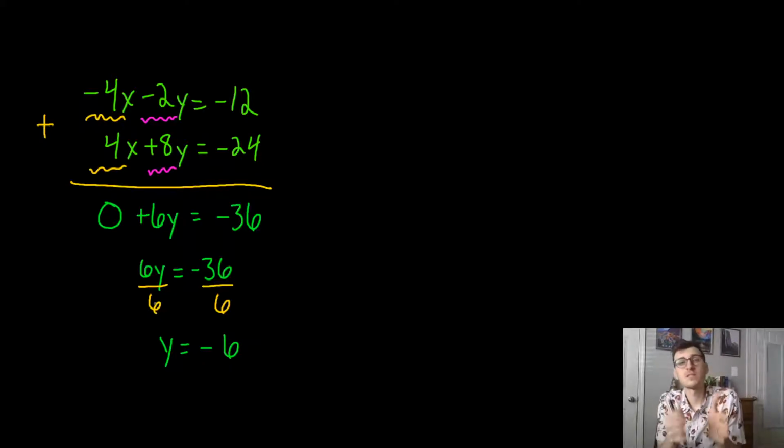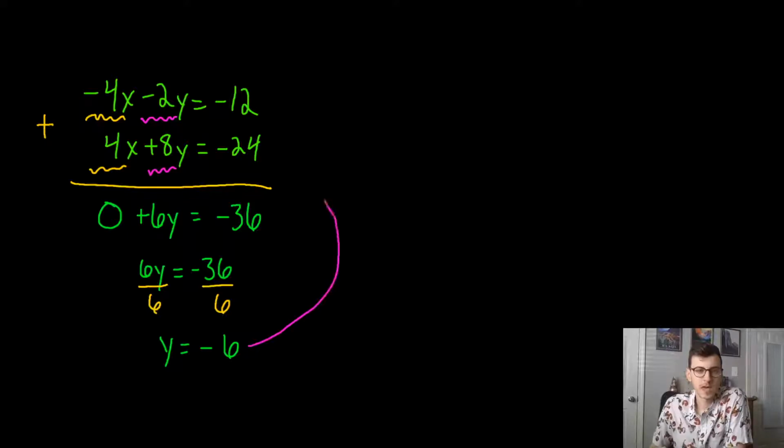Okay, but I'm not done, because with a system of equations, I have two equations and I have two answers, right? I have an answer for x and an answer for y. So maybe we can do this. I want to substitute back in this y into one of these equations. You could choose either and it would work. I'll choose the second one because I like positive numbers.